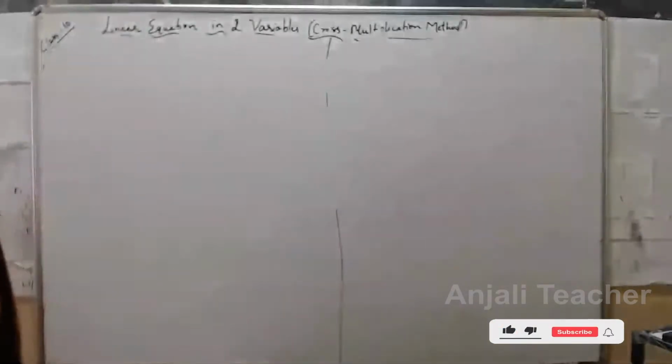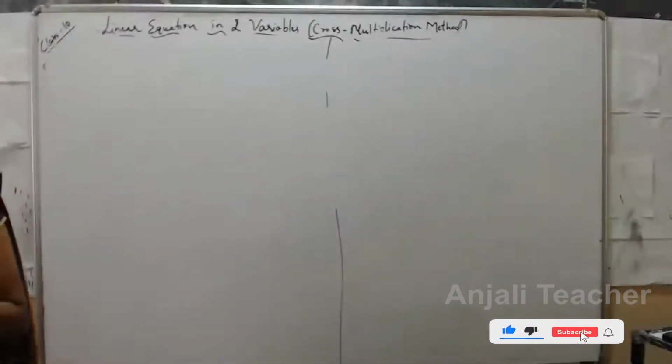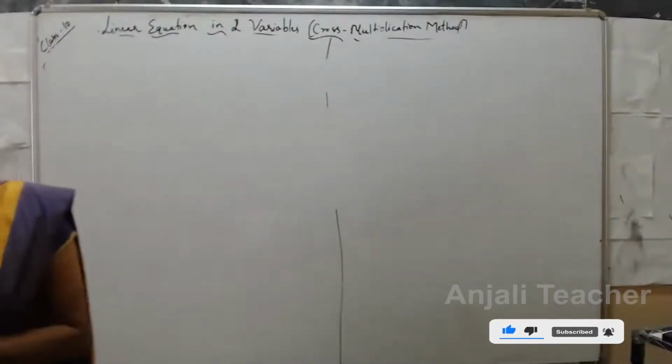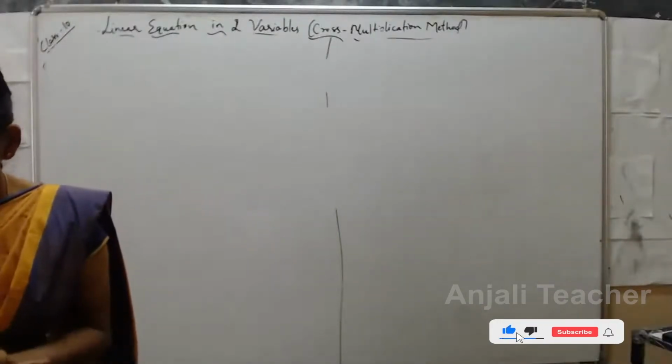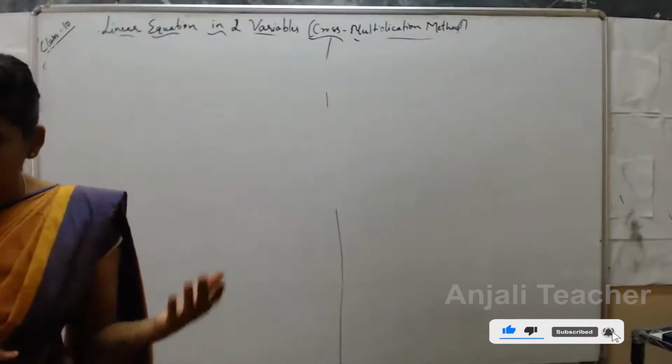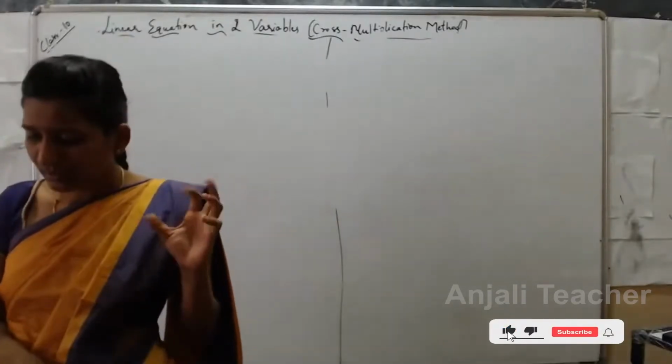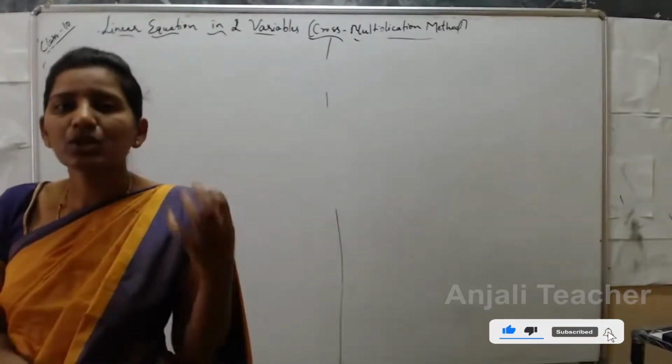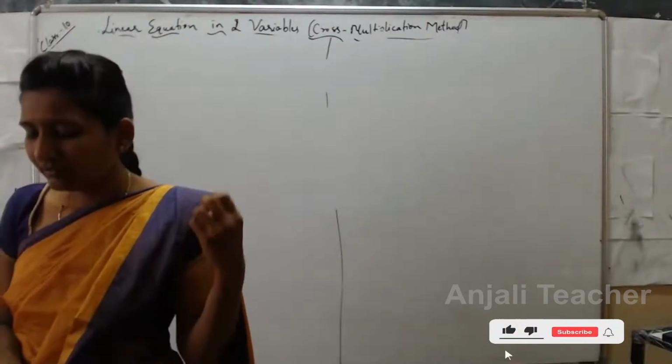Next. Exercise 3.5. Which of the following pairs of linear equations has a unique solution, no solution or infinitely many solutions? If there is a unique solution, then find it by using the cross multiplication method.